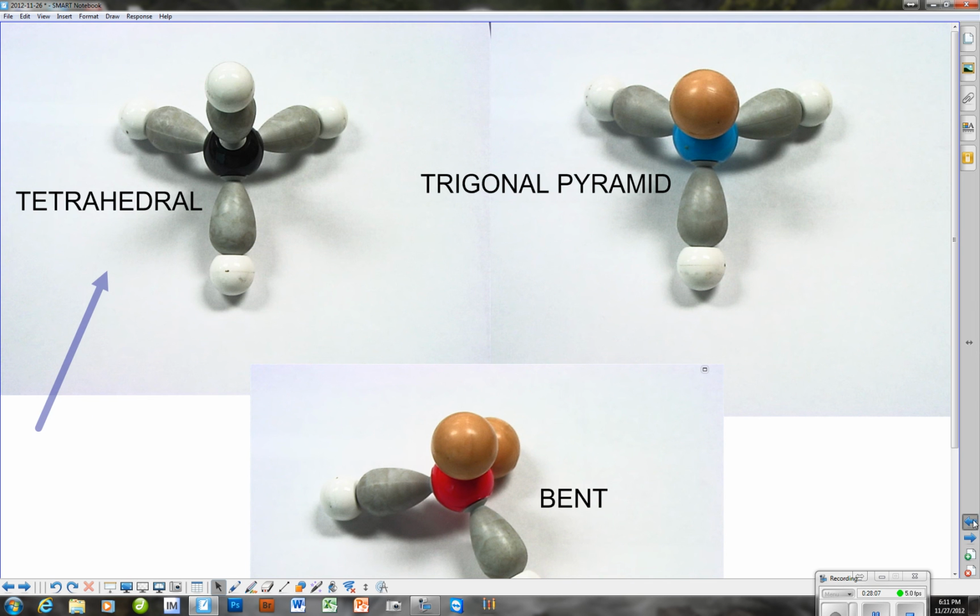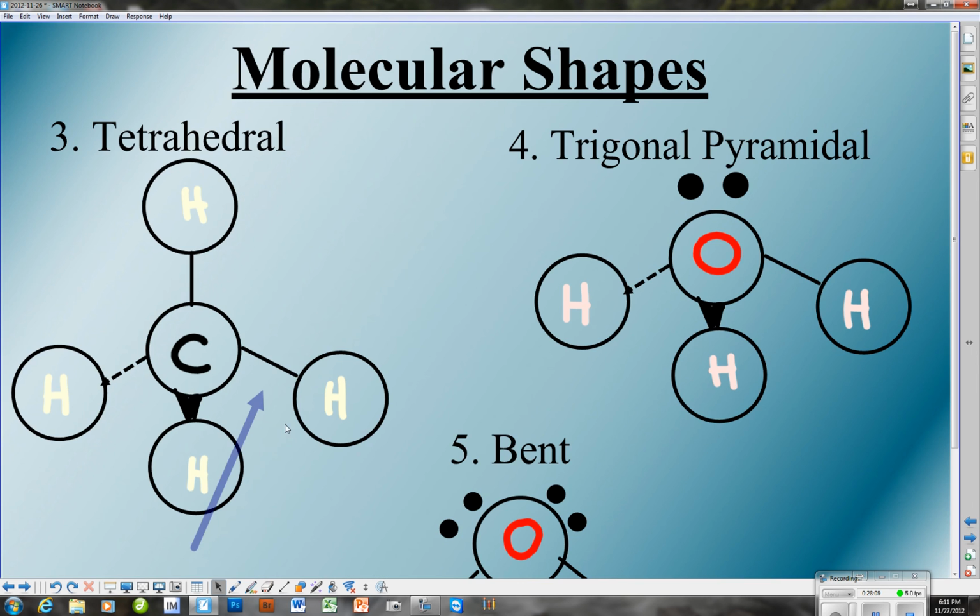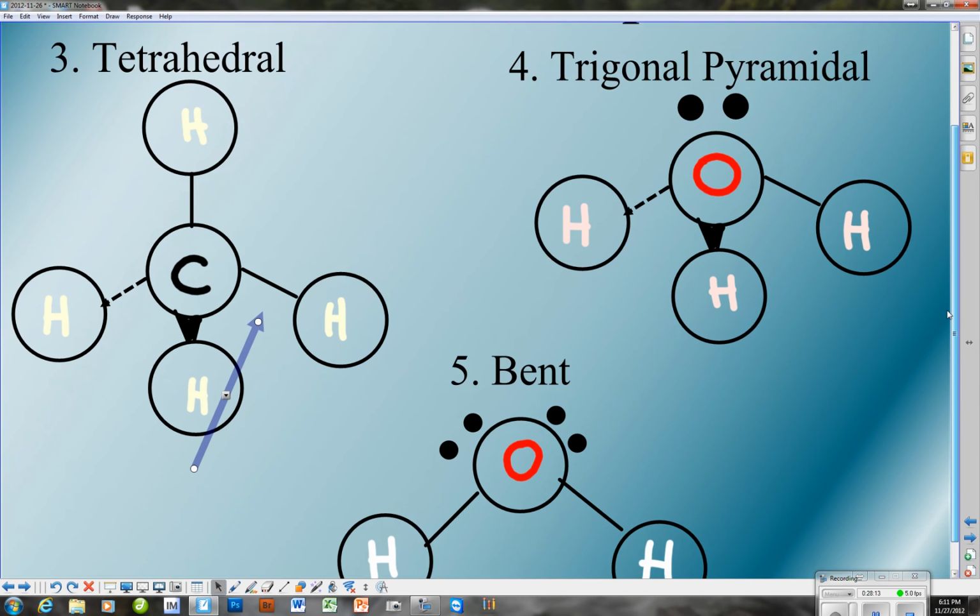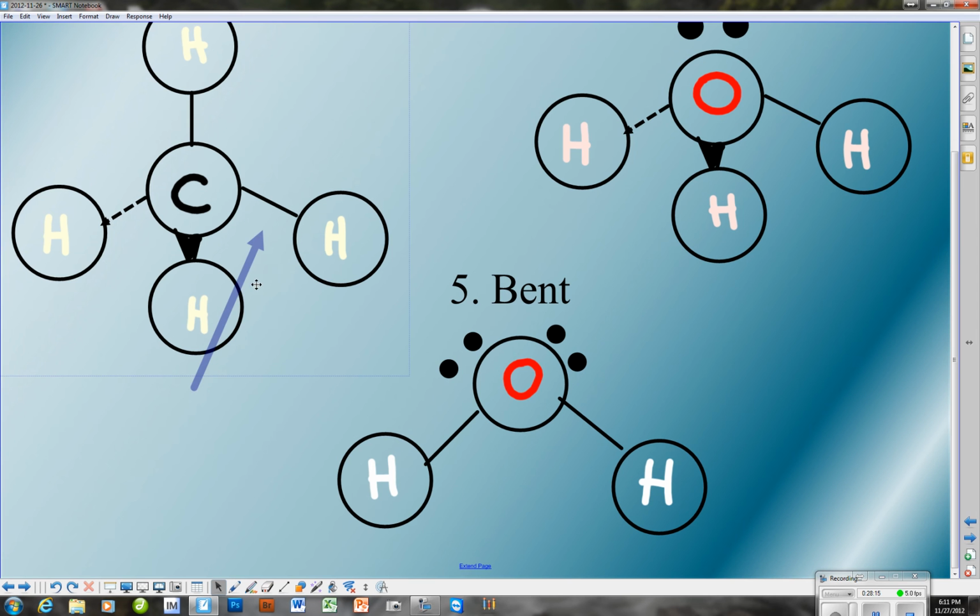And then back here, we also have a bent molecule. Let's get the bent up in the view here. And with a bent molecule, we have oxygen in the middle and 2 hydrogens, also known as water. But you see these 2 unshared pairs.